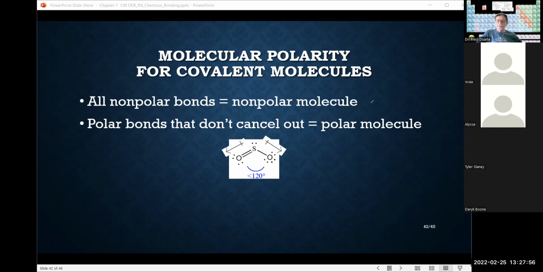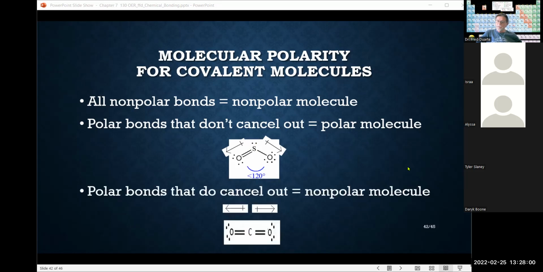See how that works? Now, if we look at carbon dioxide, it has polar bonds. One going from left to right between the carbon and oxygen, and the other one going from right to left. Because they go in exact opposite directions, they cancel each other out.